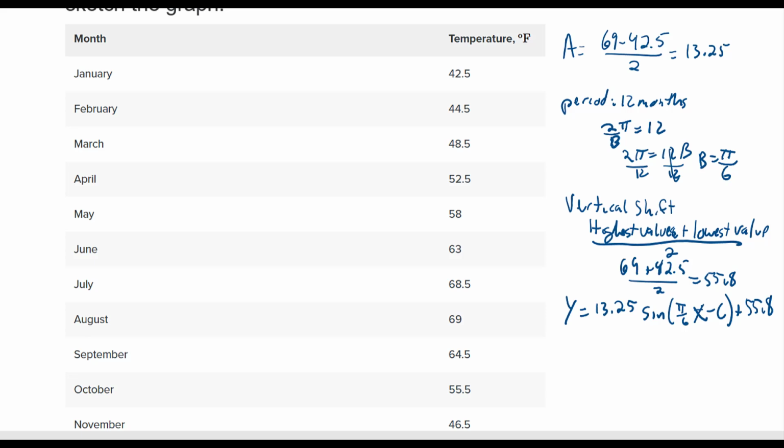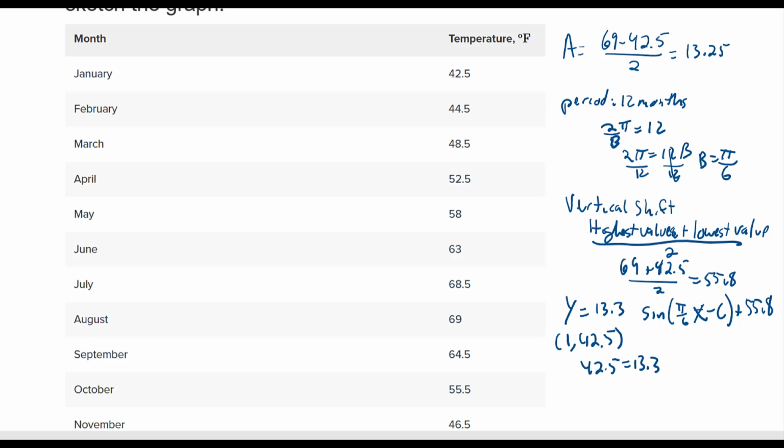If we put in one of the values, for example, at month 1, month 1 corresponds to 42.5. So 42.5 equals 13.3, maybe I should just go to one decimal place, it makes it easier with the other numbers.